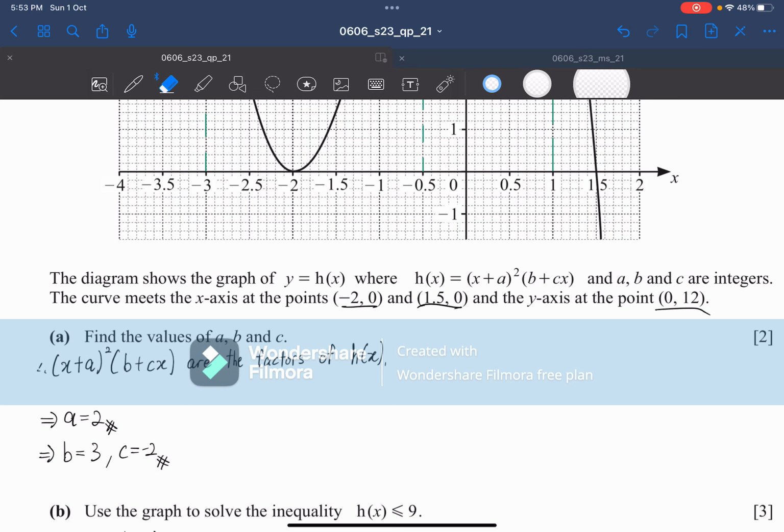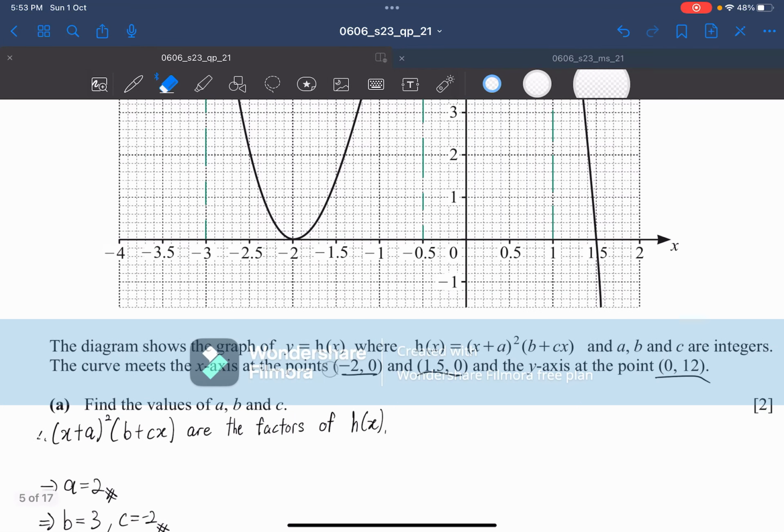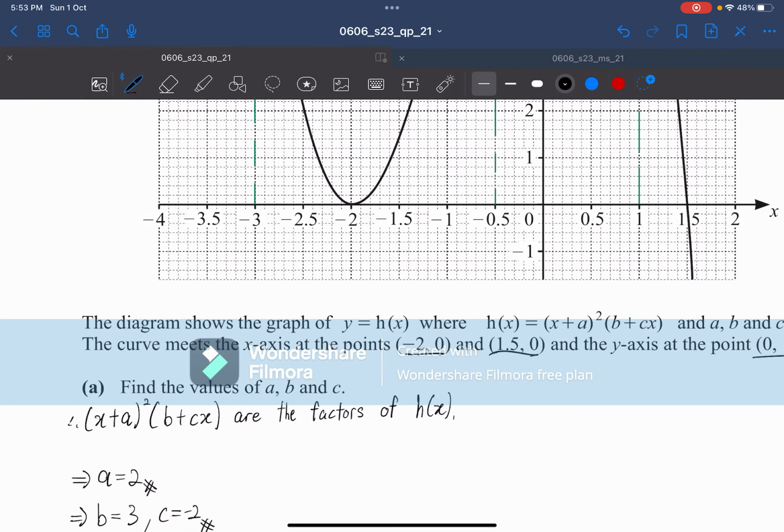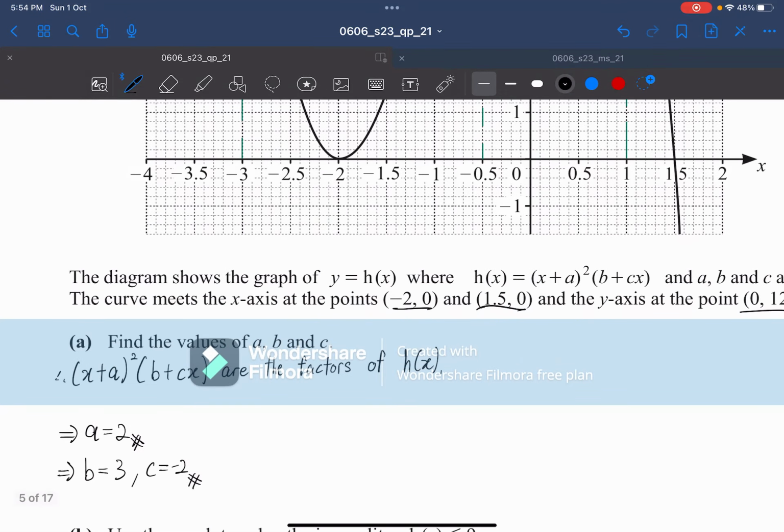We know that the points (-2, 0) and (1.5, 0) are the points that intersect the x-axis. Therefore, these two points are the roots of y equals h(x).